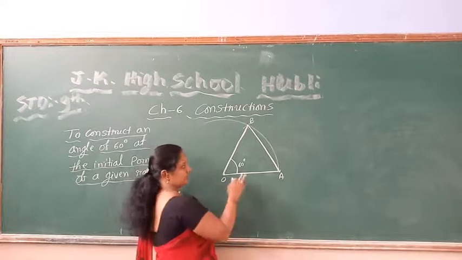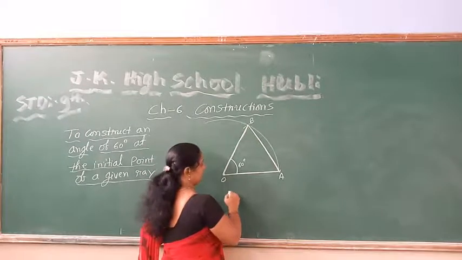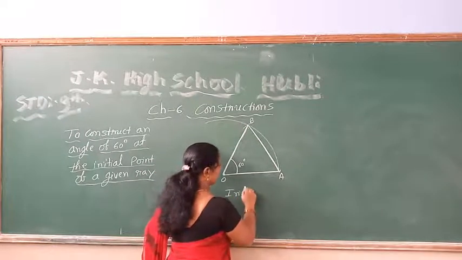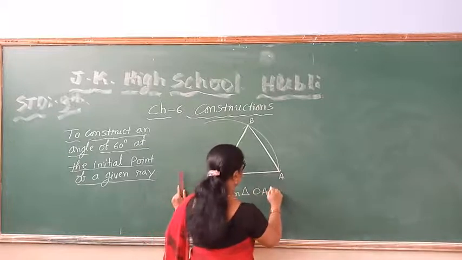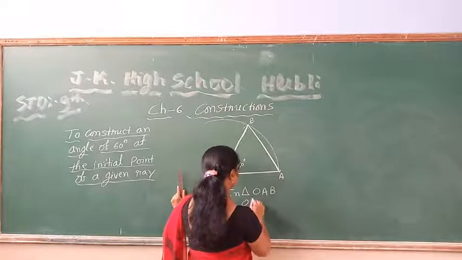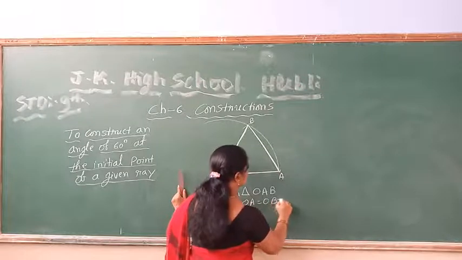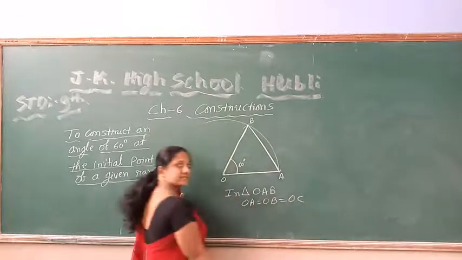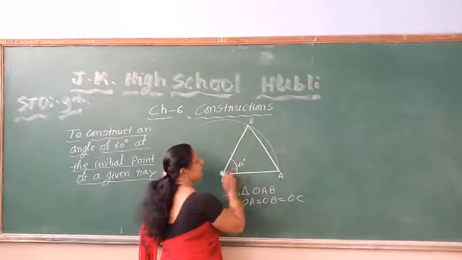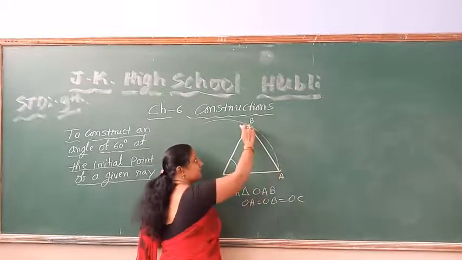So here in triangle OAB, we know OA is equal to OB is equal to OC. OA and OB are radii of the same circle, by taking the same radius.